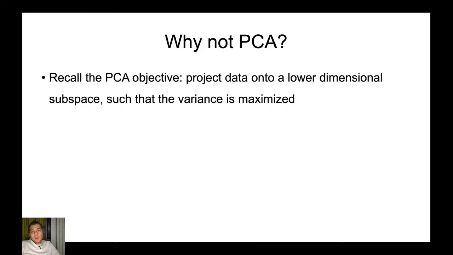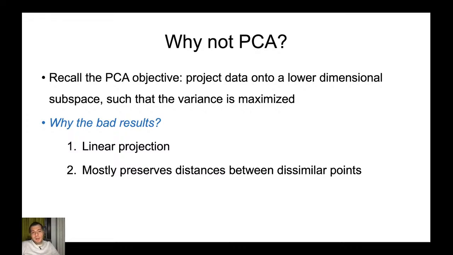Okay, so we do not use PCA because PCA just projects the data such that the variance is maximized, and the results are bad because PCA does linear projection, and it also tries to preserve the distances between dissimilar points.